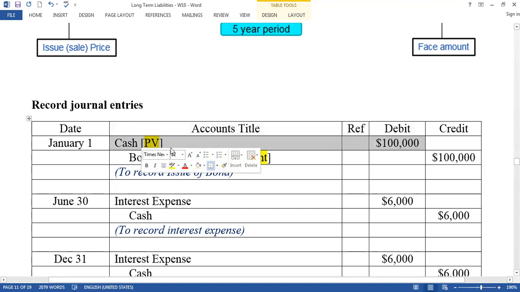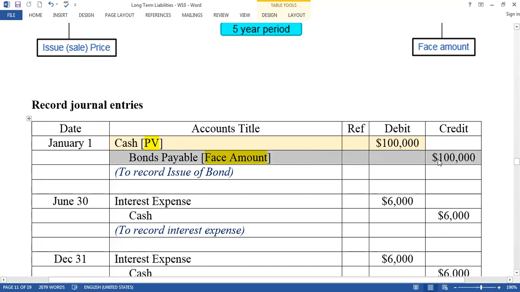Your cash increases. Today you receive the present value, and it is related to the cash increase, but 5 years later you are liable to pay the face amount.